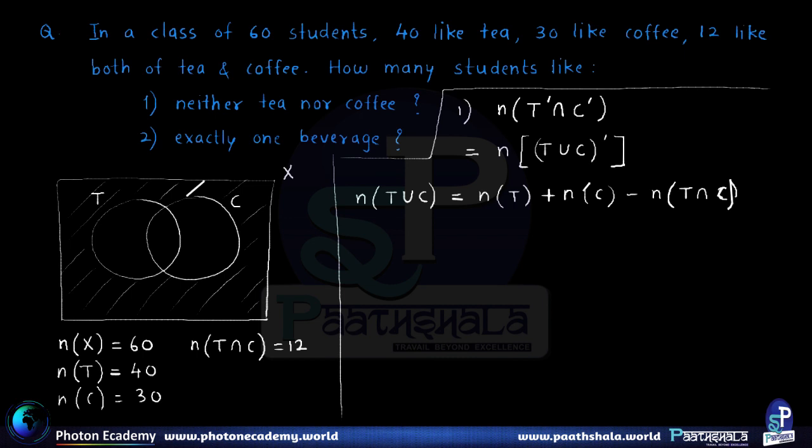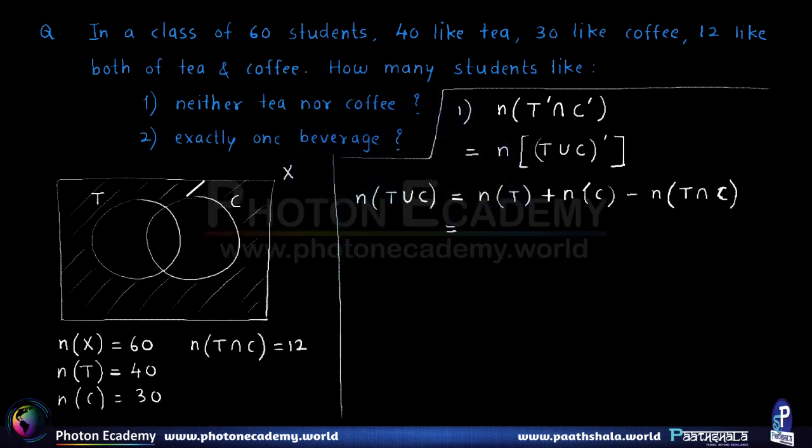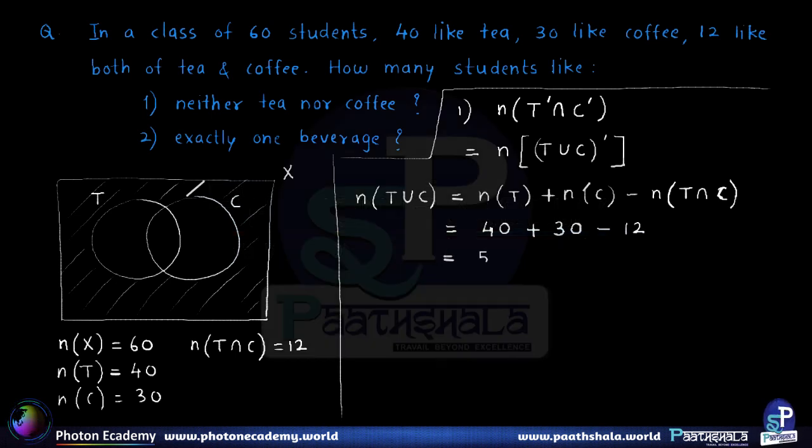So on substituting we get n of T is given to be 40, then n of C is given to be 30, so that gives us 40 plus 30, 70, minus T intersection C is 12, so 70 minus 12, that turns out to be 58.